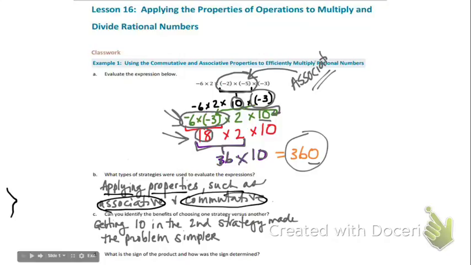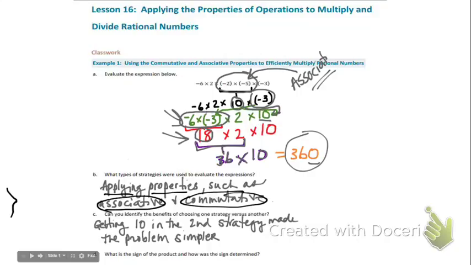Associative allowed us to get the product of two numbers in the middle of the problem before we did the first or the last. Commutative is just moving individual numbers around within the equation or the expression.